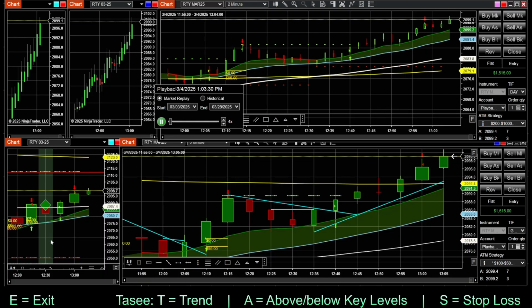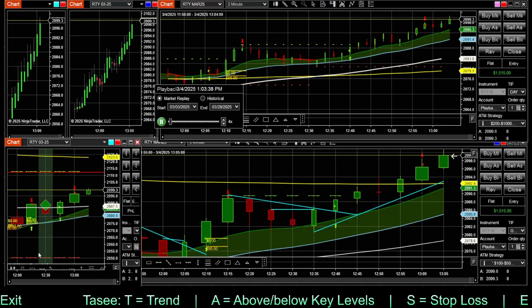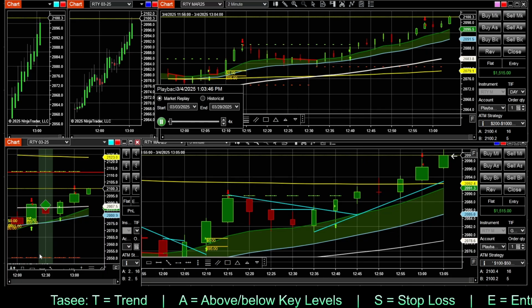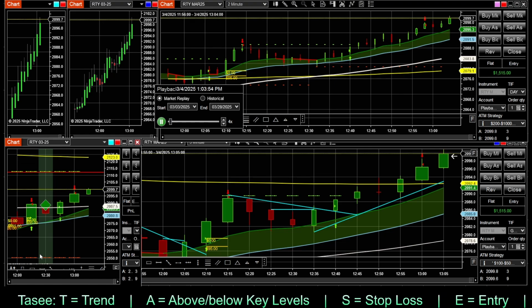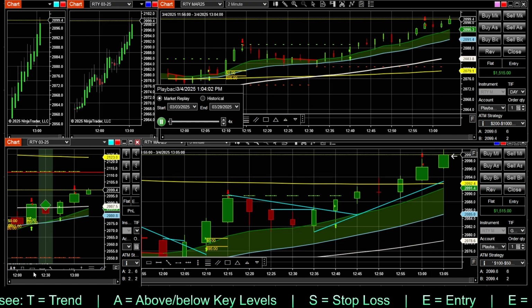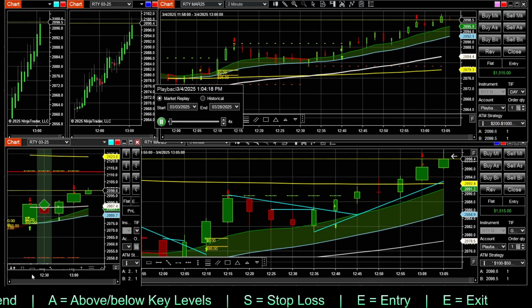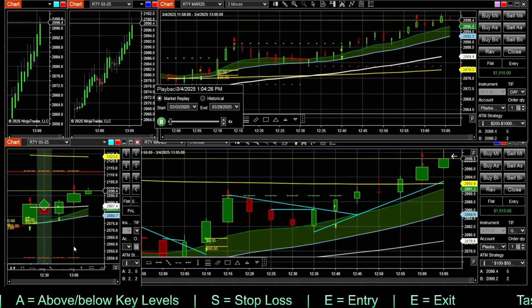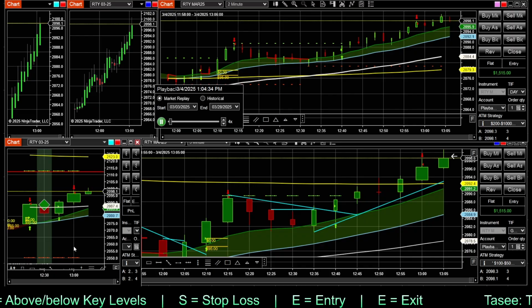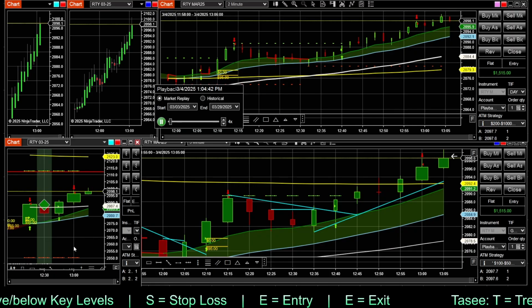On our 15-minute, we do not want to see a flat cloud at all, because if you see a flat cloud on the 15-minute and prices tapping down to that cloud, you could be going sideways for a long time, as it goes and bounces up and down.